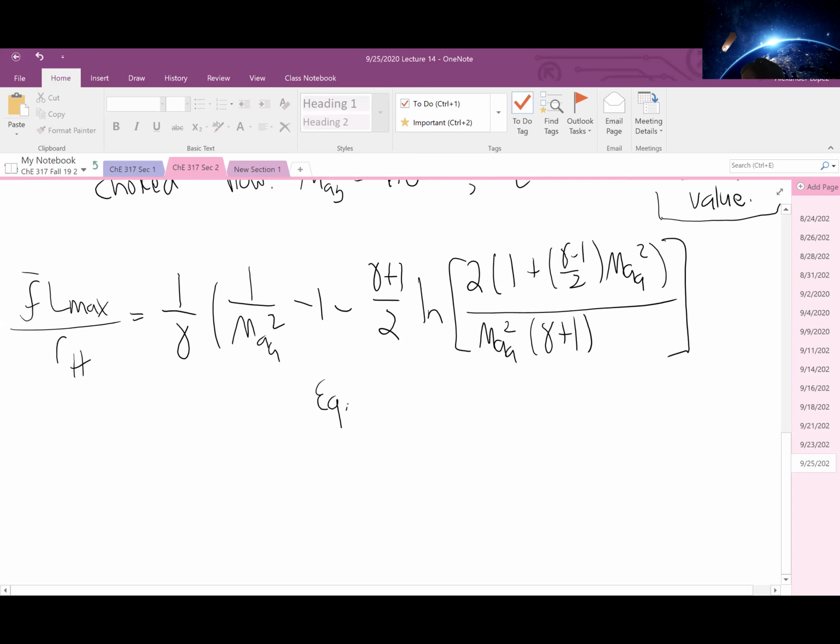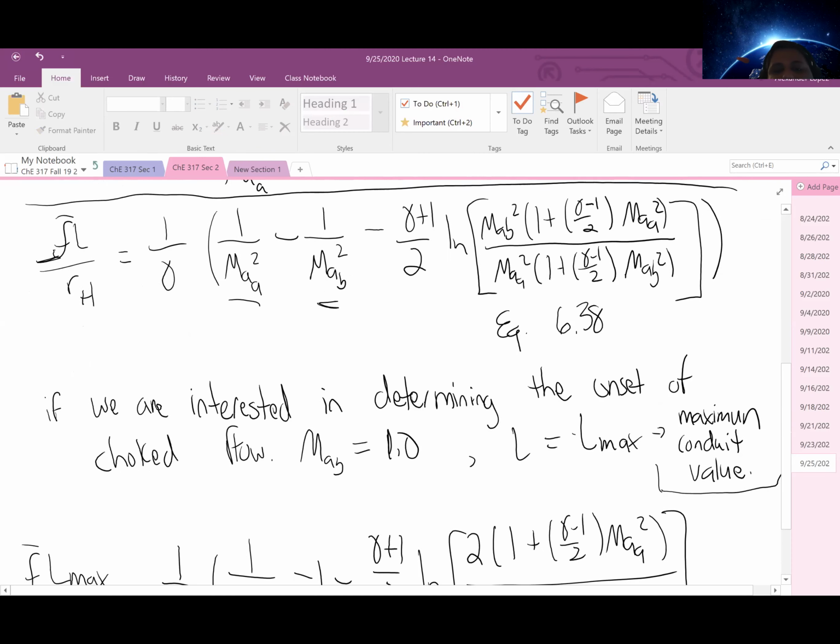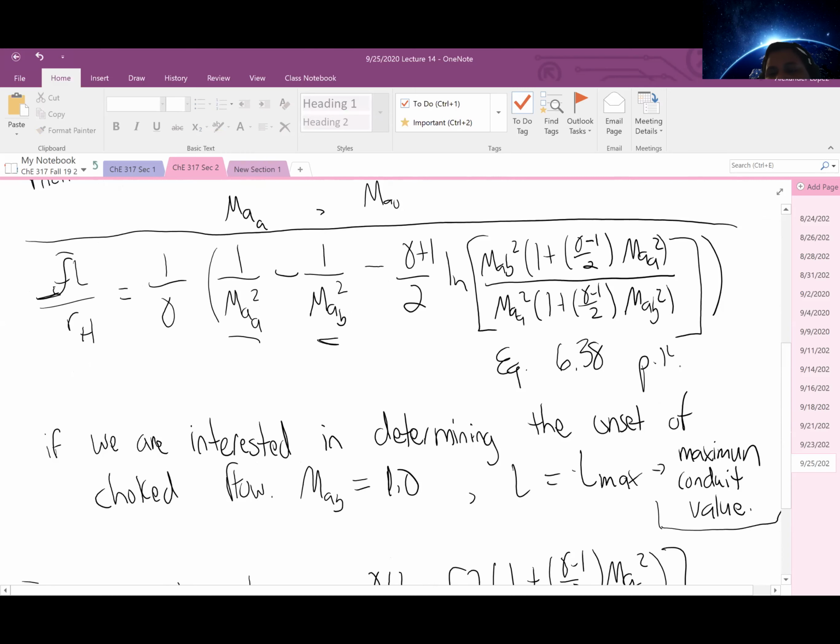And this is equation 645 in your text. And I should say that's on page 148. And the equation that we talked about up here is on page 147.